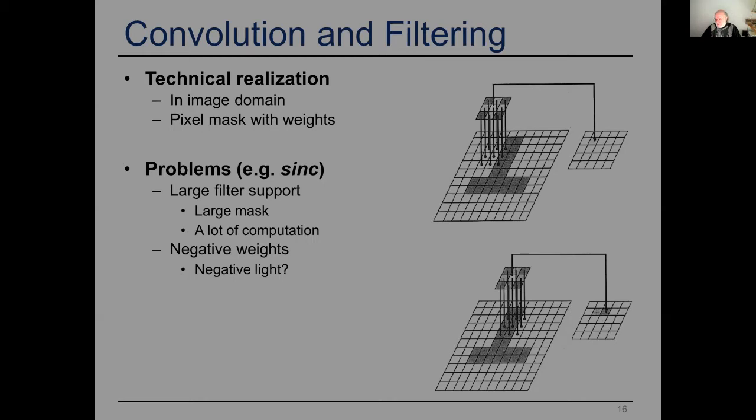A filtering operation would take this filter, apply it at a certain location, sum up the pixel values of the underlying image times the weight from the filter, and sum this up over all the affected pixels, right? And the result of that goes into the filtered image, the resulting image.